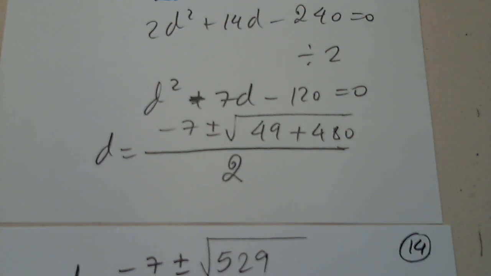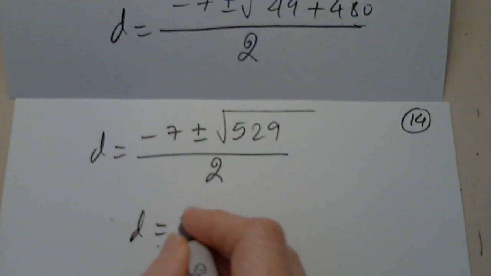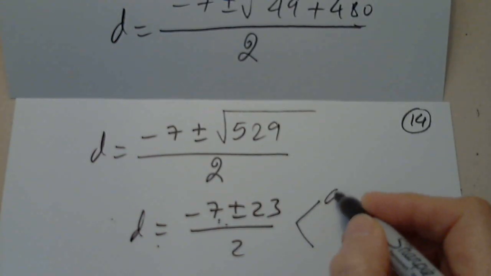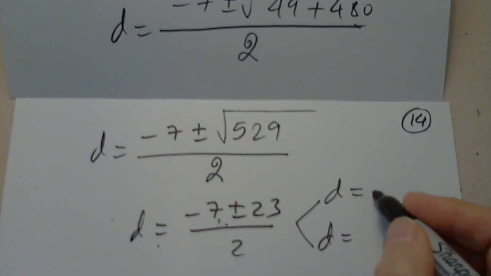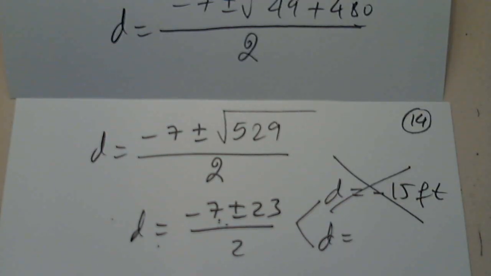Wonderful. Nice. So then we have d equals negative 7 plus or minus 23, divided by 2. And although algebraically we have 2 solutions, negative 30 over 2 is not acceptable because it's negative. And the other one is 23 minus 7, which is 16 divided by 2, which is 8 feet.